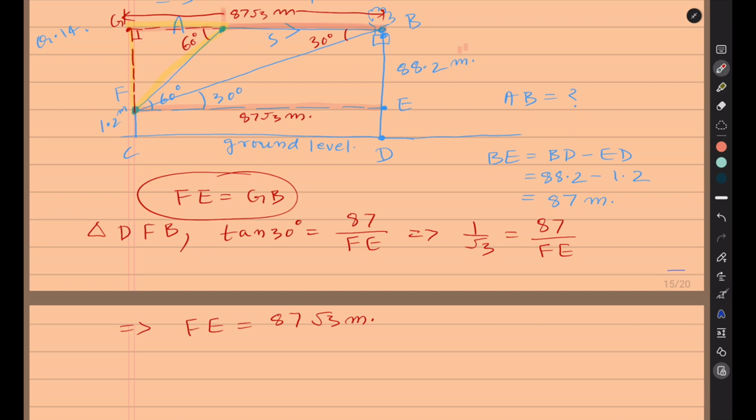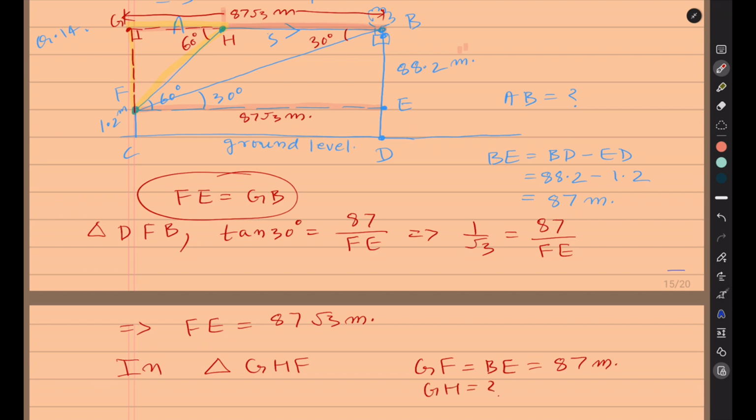Let me name this point as H. So now in triangle GHF, do you know how much is GF? GF is equal to BE is equal to 87 meter. And what is GH? No, we don't know GH.